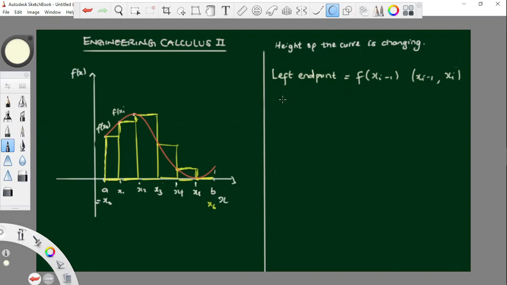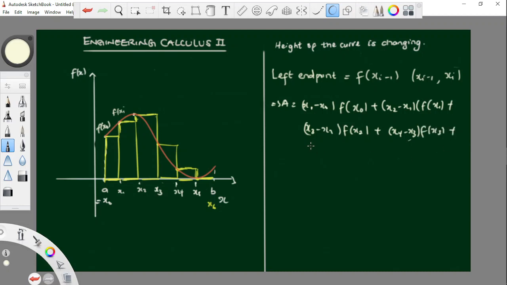For the left endpoint, I can say that the area is equal to (x1 minus x naught) multiplied by the function, which is the height, the function at x sub naught, plus (x2 minus x1) multiplied by the function at x sub 1, plus (x3 minus x2) multiplied by the function at x sub 2, then plus (x4 minus x3) multiplied by the function at x sub 3, then plus (x5 minus x4) multiplied by the function at x sub 4, plus (x6 minus x5) multiplied by the function at x sub 5.